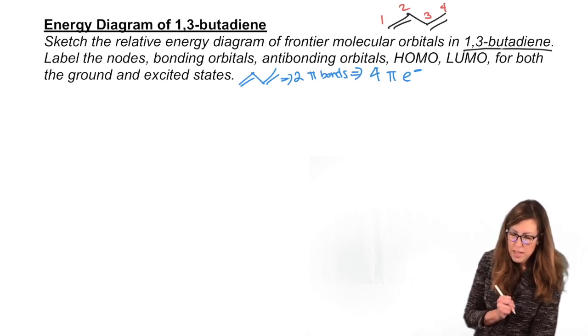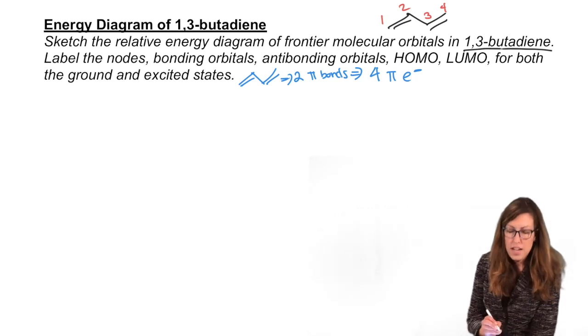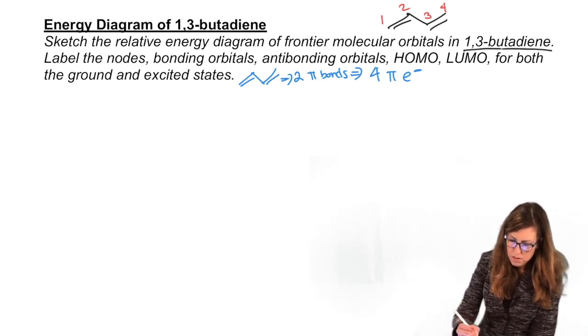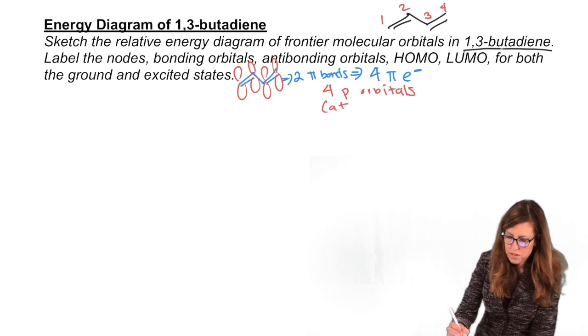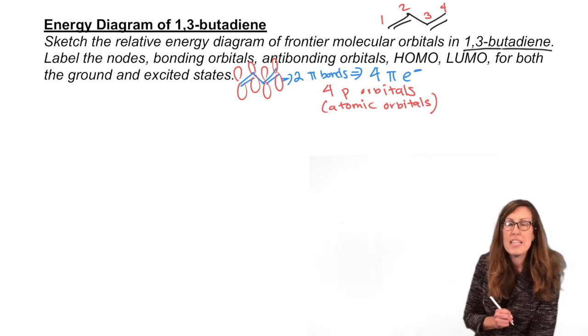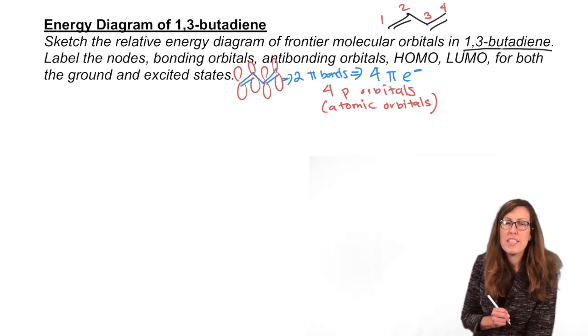In order to make that diene, we needed to use how many p orbitals? 1, 2, 3, 4. 4 p orbitals. Those are atomic orbitals, right? They're on each atom. But we're discussing MO theory, molecular orbital theory.